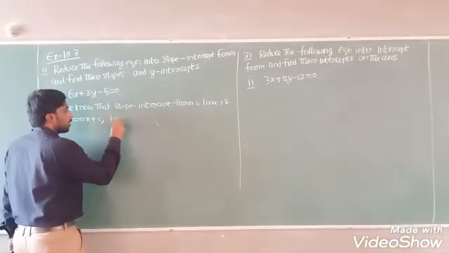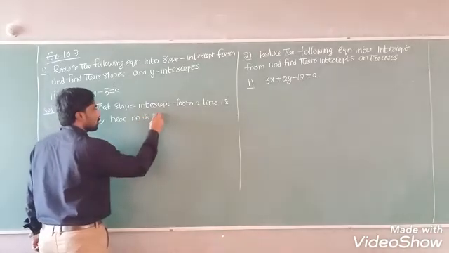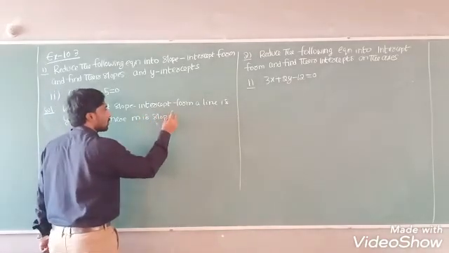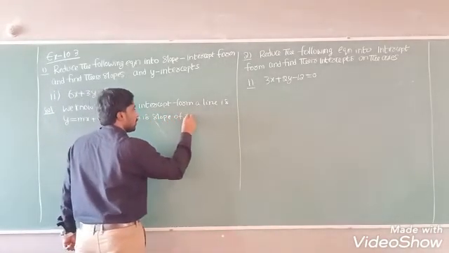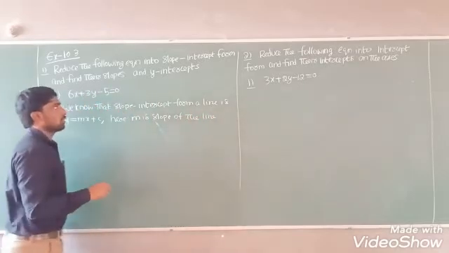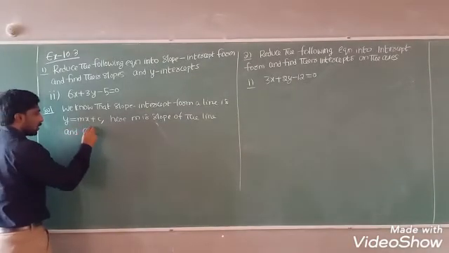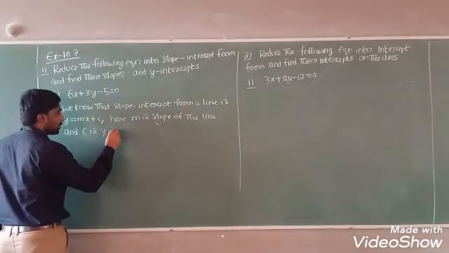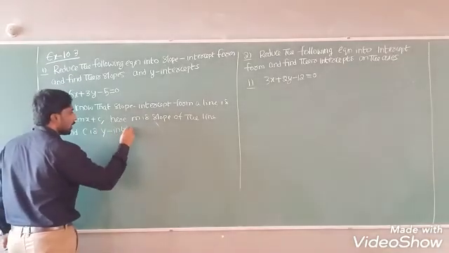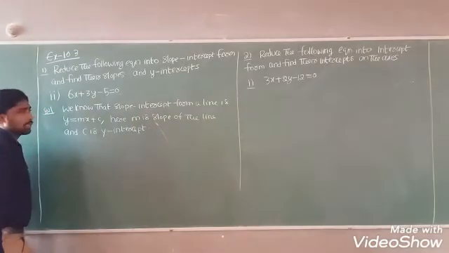Okay, here m is the slope of the line, and c is the y intercept. So this one I have to convert like y equal to mx plus c.